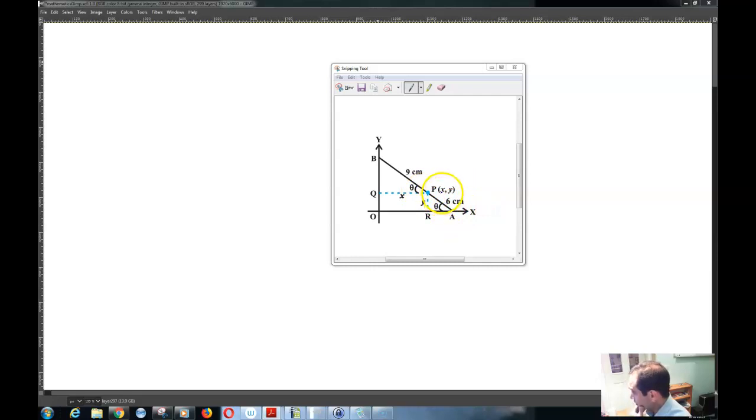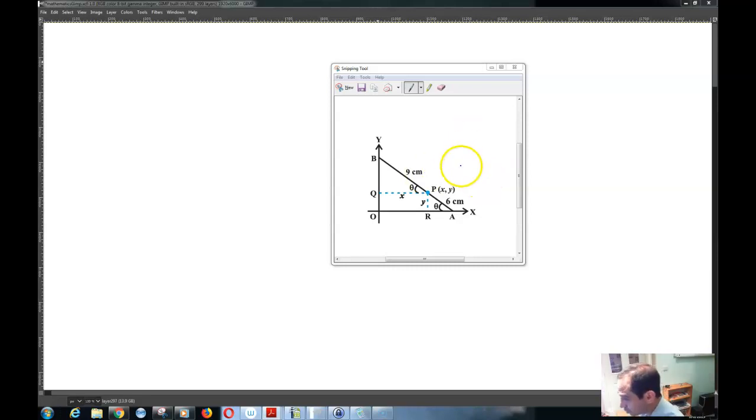Now you want to show that the locus of P is an ellipse, meaning that P can be traced on an ellipse, whose equation of course we don't have, but somehow, in relation to other things that we have here, we can find the equation of such an ellipse. That's basically what this problem means.